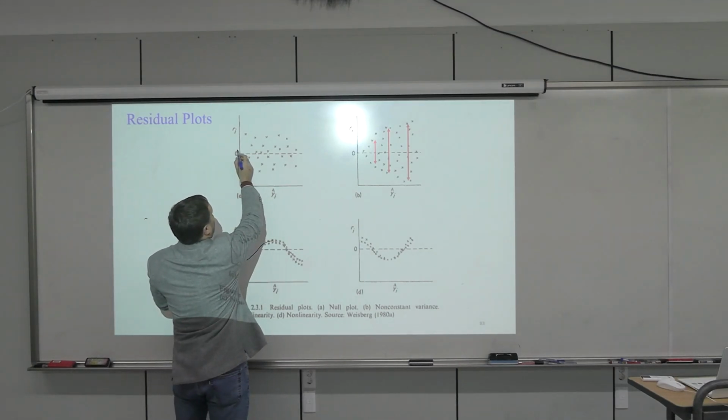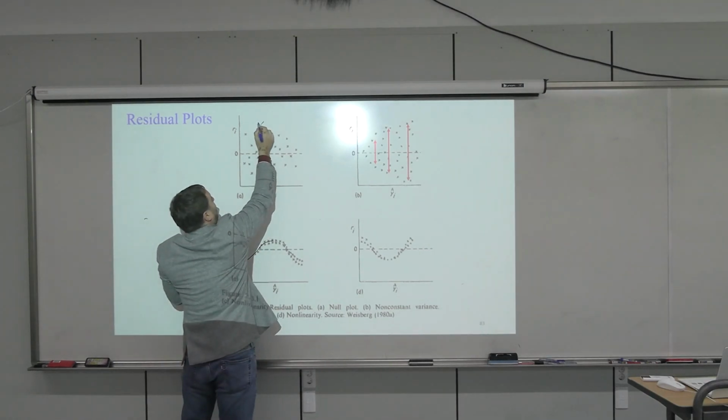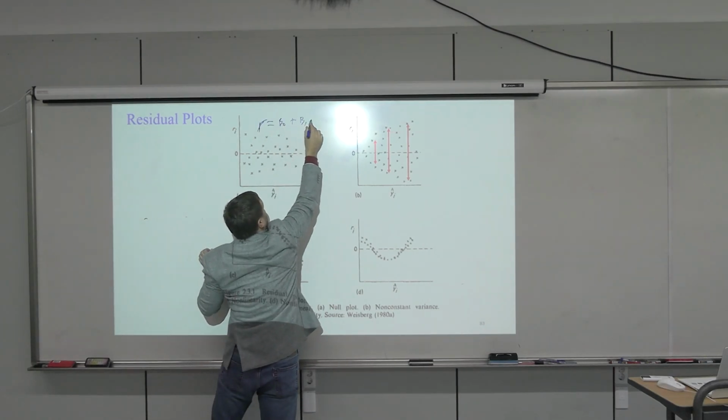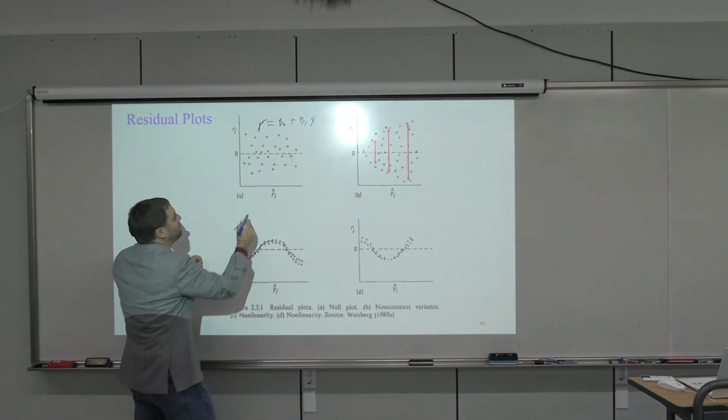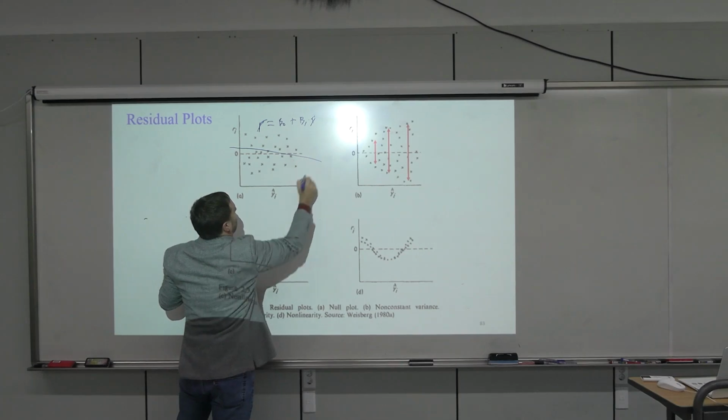So if we actually performed a simple linear model, let's do R equals beta naught plus beta 1 times y hat. That's going to be our regression model. We could actually do a line of best fit, okay?